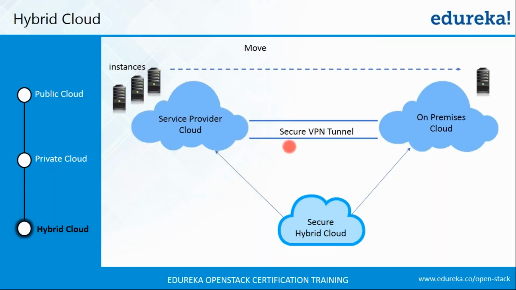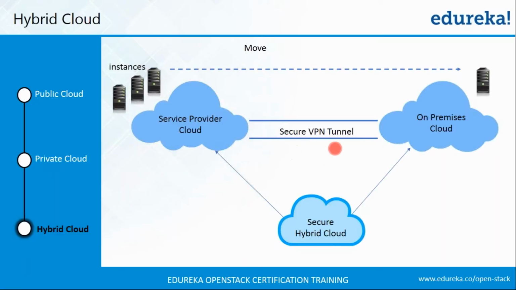So what you can do is set up a secure VPN tunnel, a virtual private network tunnel. This is very secure, and you can set it up to connect your on-premises private cloud to a public cloud and create your own secure hybrid cloud. And you can also move instances from your public cloud onto your private cloud, or from your private to your public cloud, through your secure VPN tunnel.